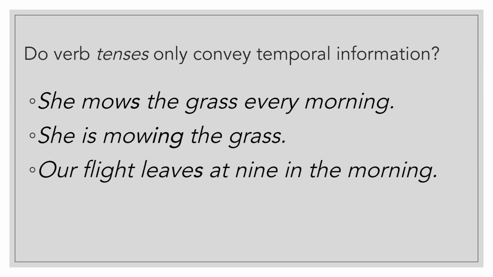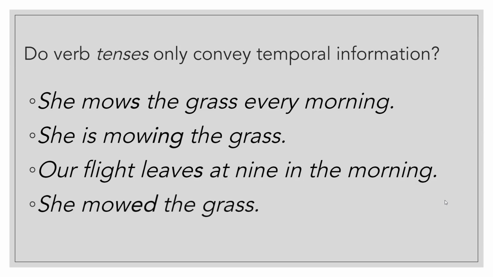But of course, if I say our flight leaves at 9, that's different than she mows the grass every morning. Present simple, I added an S. Our flight leaves, but this is not every morning. This is not habit, routine. That's future. Interesting. Present tense, but I'm talking about the future.